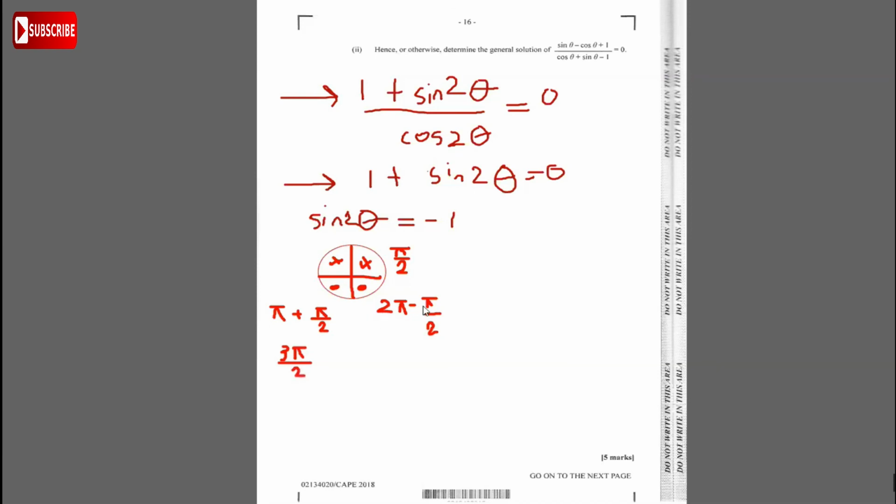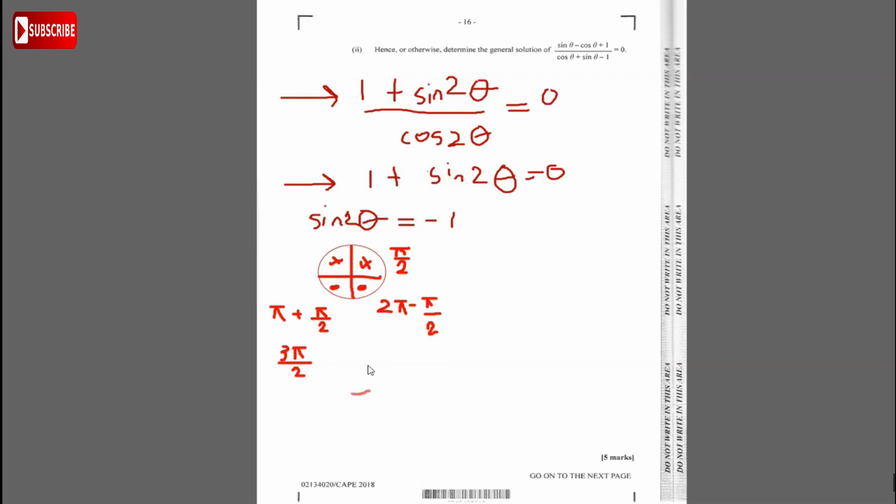And 2 pi minus pi by 2, that is, the multiple of this, what's that? I'm getting 4 pi, still 3 pi by 2. So the same angle is in the third and the fourth quadrant.